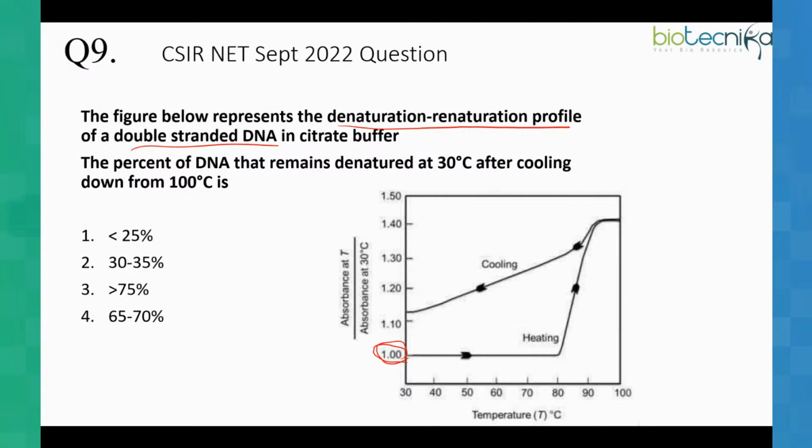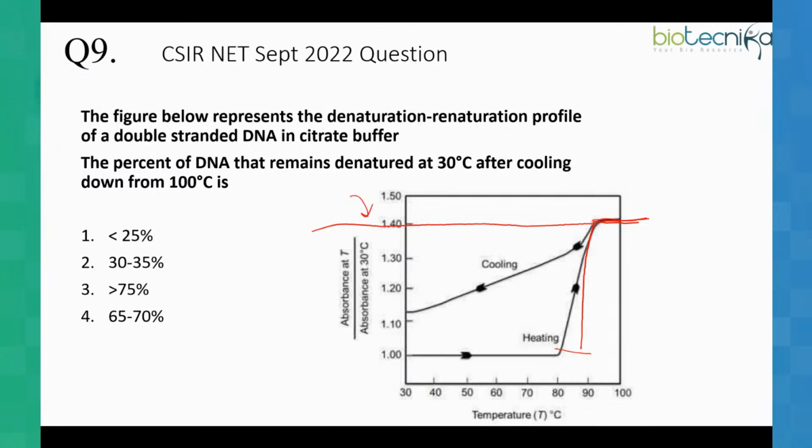After that, the temperature was increased, and around 80 to 90 degrees centigrade, after 90, complete denaturation has occurred. That means all the double-stranded DNA has opened up, and at that point the absorbance was found to be 1.40. This is the relative absorbance, mind you.